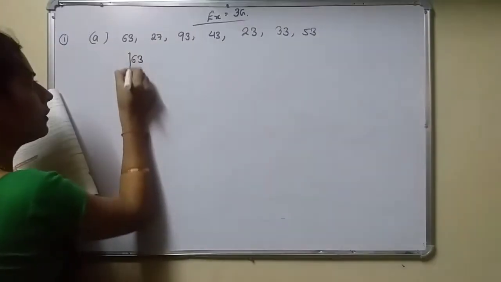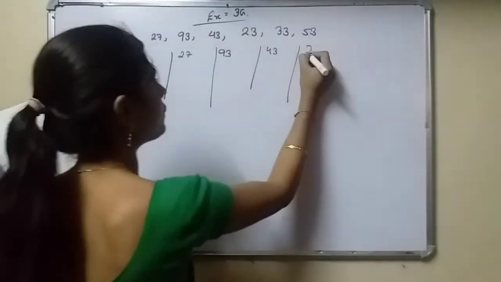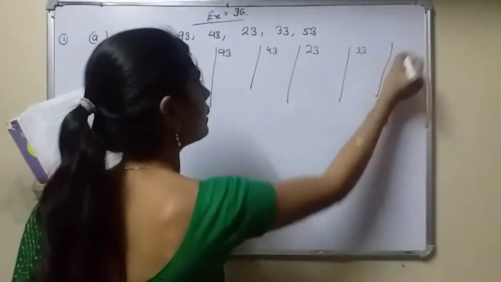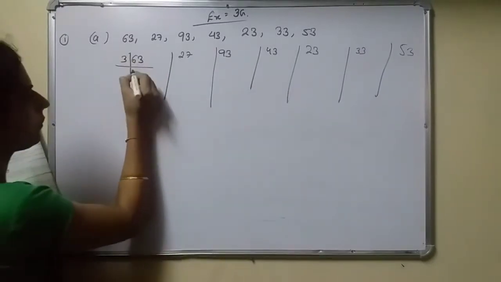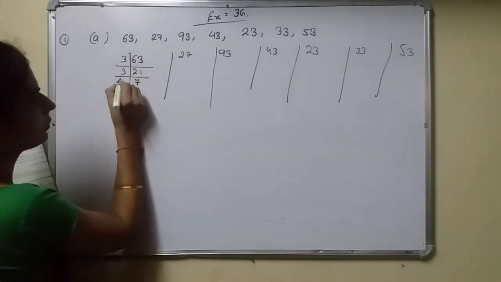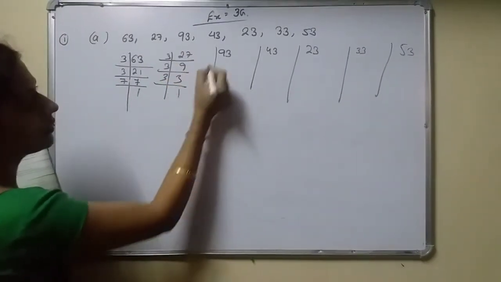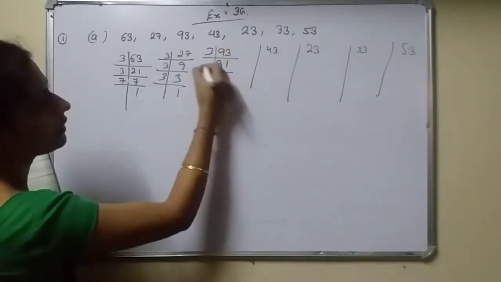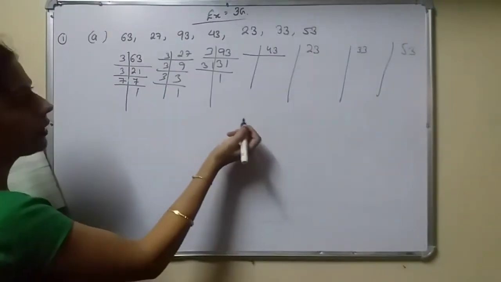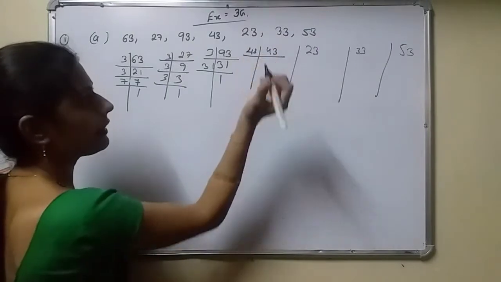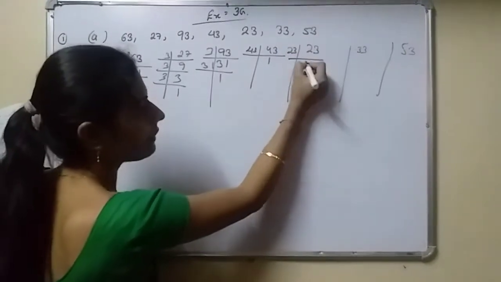63, 27, 93, 43, 23, 33 and 53. Now see, 3 9s are 27, 3 3s are 9, 3 3s are 9, 3 1s are 3, 31, 1. 43 is not a factor of any number, so divide directly by 43, 1. 23 is also not a factor of any number, so directly divide by 1.